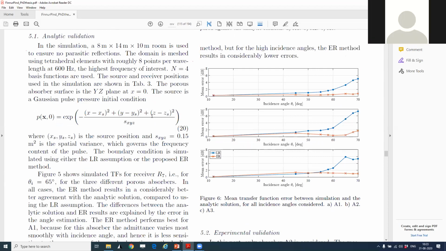So what I don't get here is, you describe this now as a spatial distribution in space, and then at time 0. So what happens in time? Should we think of it as a Kronecker delta, or as an initial condition? It's an initial condition. It's a pressure distribution, right?